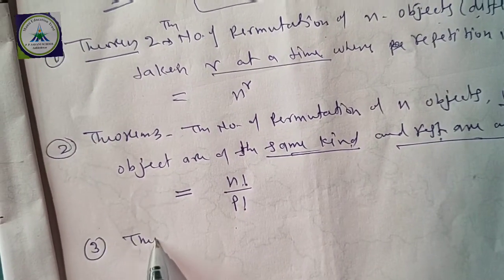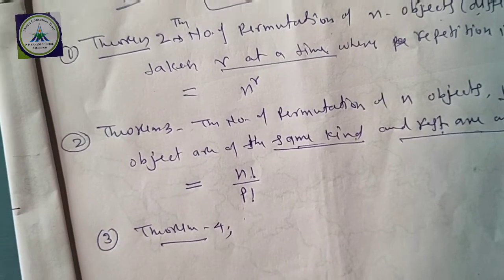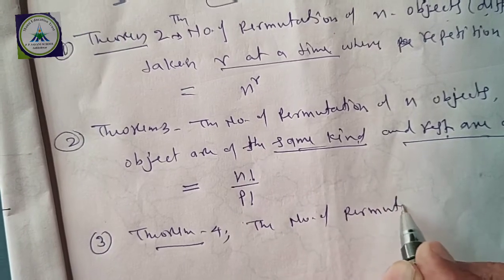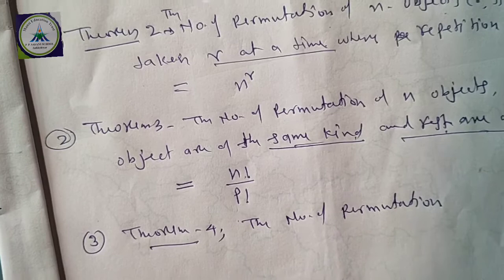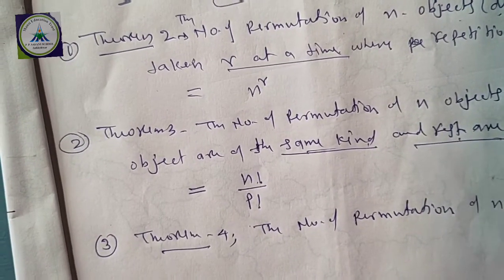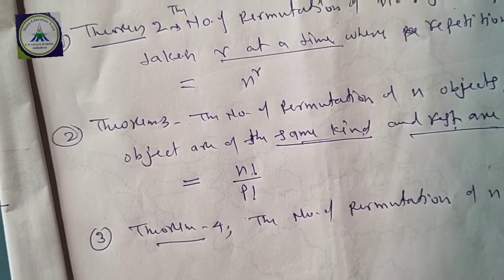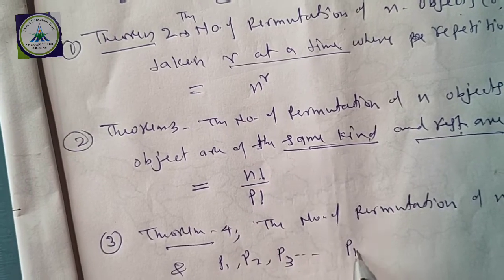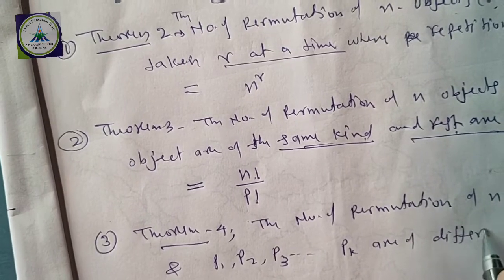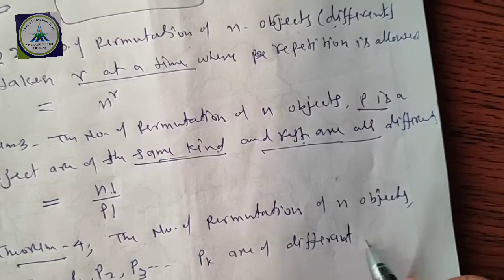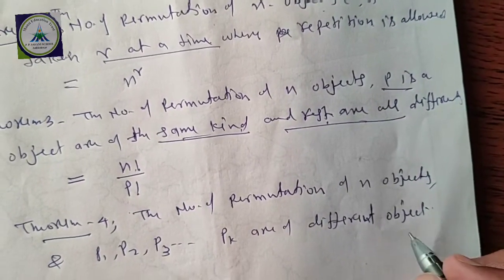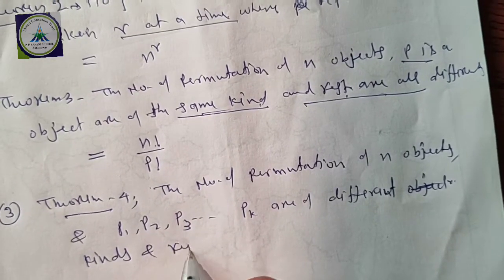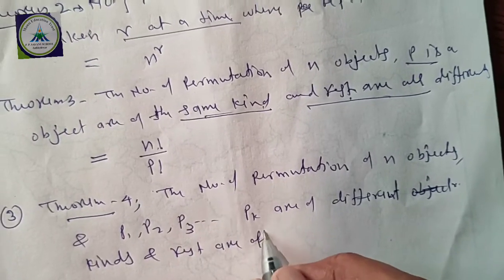Theorem number 4: the number of permutations of n objects, where p1, p2, p3, and so on, pk are objects of different kinds, and the rest are all different.